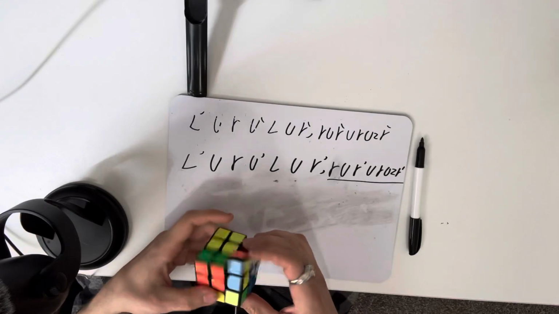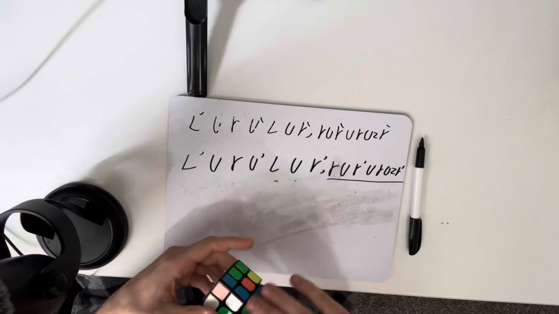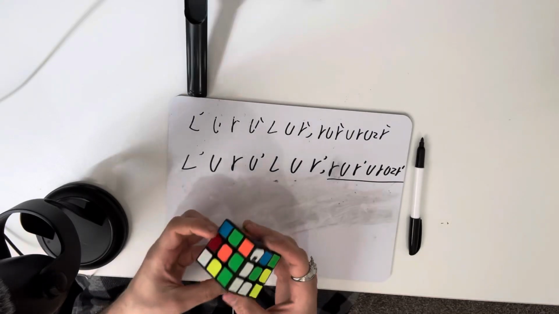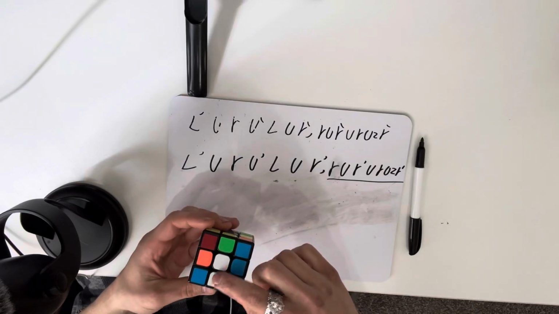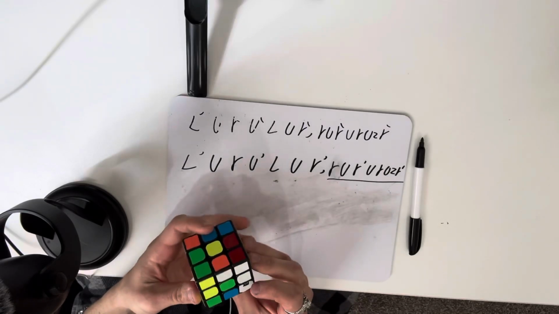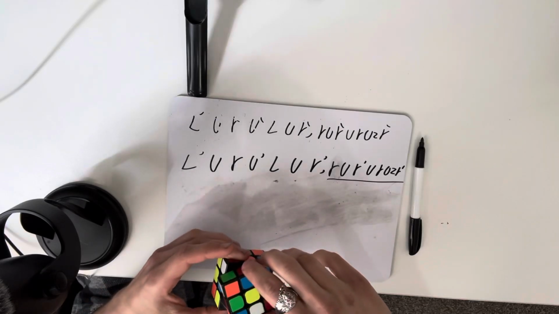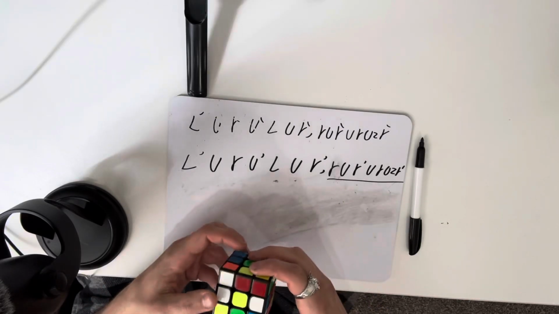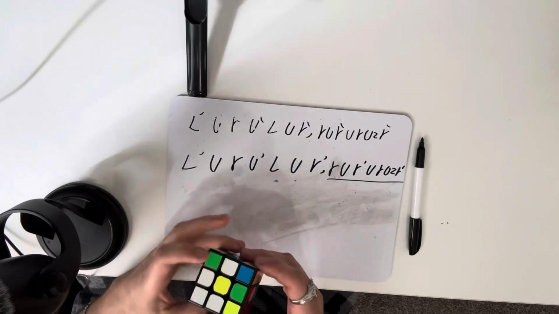Quick little review. The first thing I would recommend doing if you've never done it before, find your edge pieces for the white. Put the white on the bottom. Blue edge, red edge, green edge, orange edge.